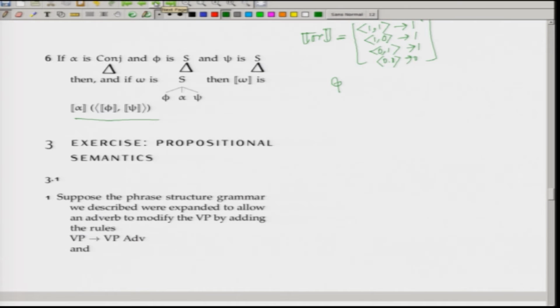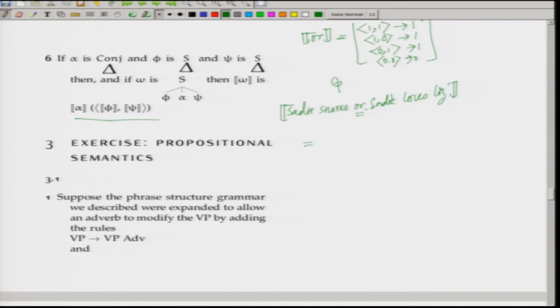So, what is then the denotation or the reference of the entire sentence? That is SADI knows or SADI loves Liz.